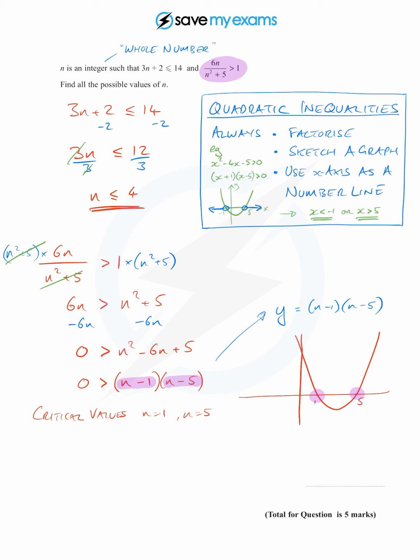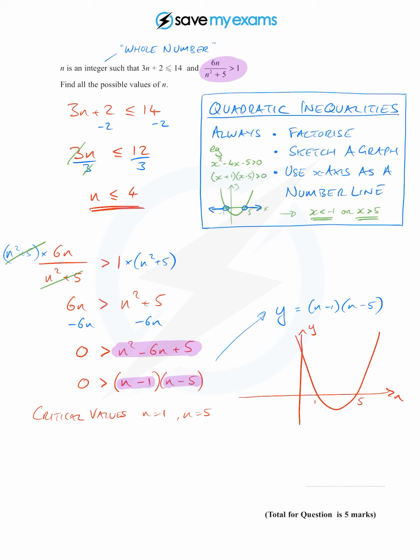Okay, now, what do I mean by use the x-axis as a number line? Well, here we go. In fact, of course, it's the n-axis, but it comes to the same thing. What we're looking for is places where this expression here, or indeed this one with the brackets, is less than 0.